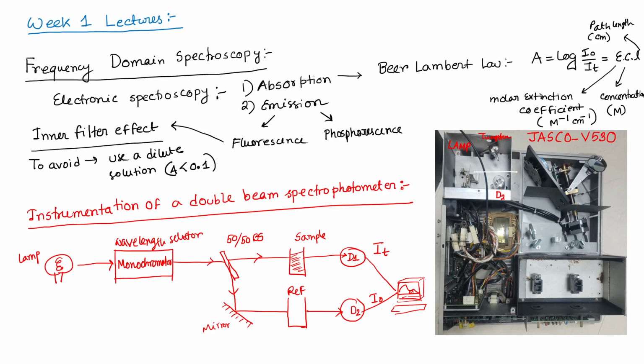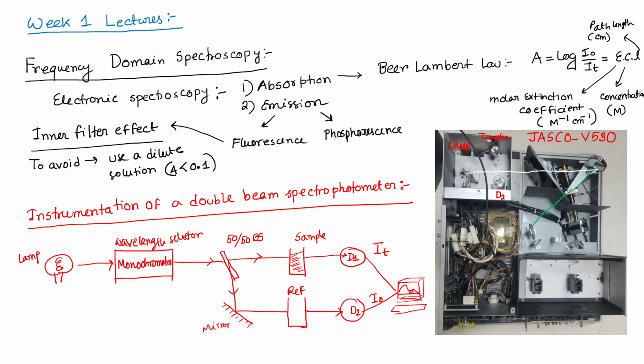Suppose the white light is falling here, and suppose I am currently working with a green excitation source. From this monochromator, the green part is being selected, and this is the exit slit. It will fall onto this mirror.